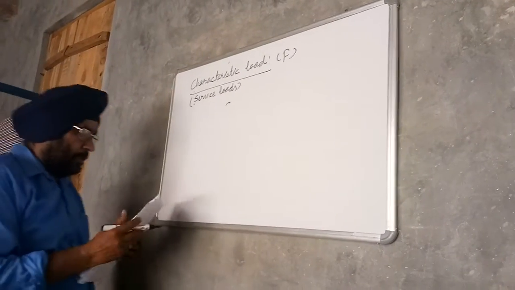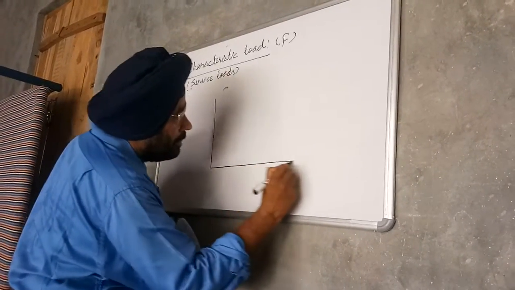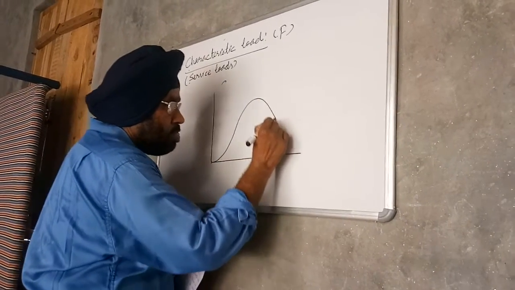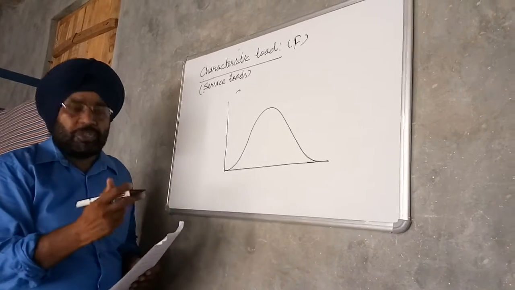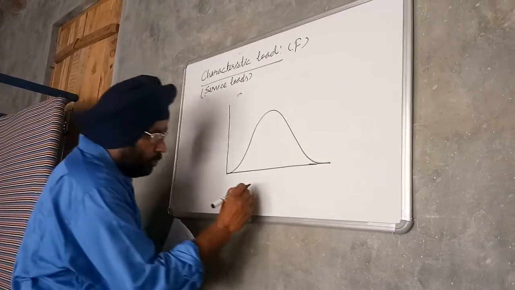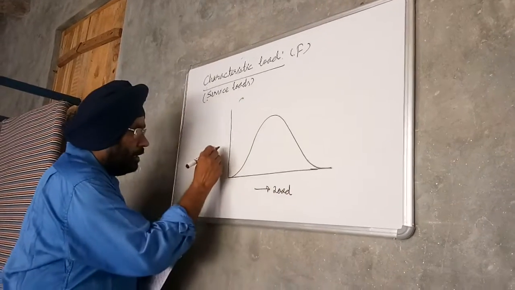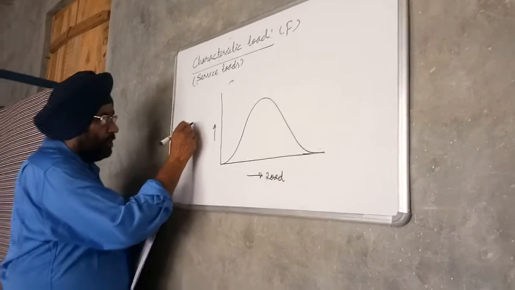And this is the frequency distribution curve for load. Along the x-axis is load and along the y-axis is frequency of results.